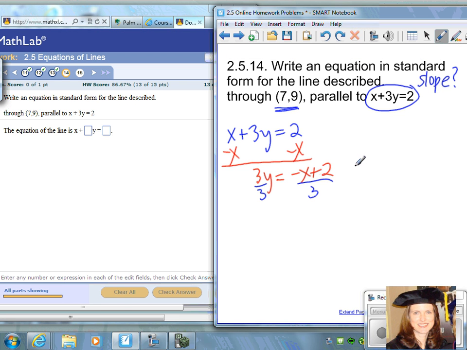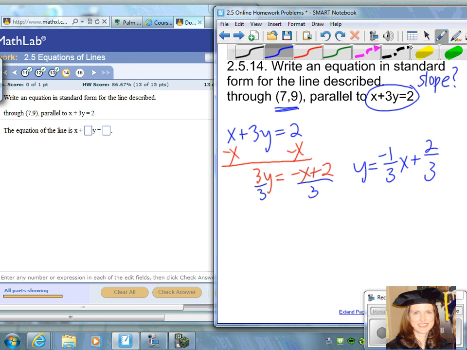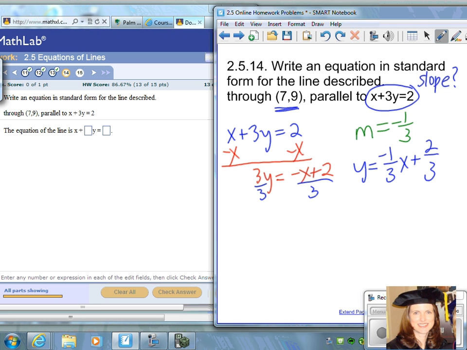So we get the equation of the line as y equals negative 1 over 3 x plus 2 over 3. Now the slope of this line is negative 1/3. This part right here, that's the slope of the line. We're going to use this slope and this point to come up with the equation of the line. Now we're going to use point-slope form.